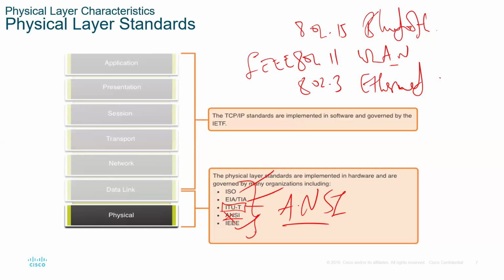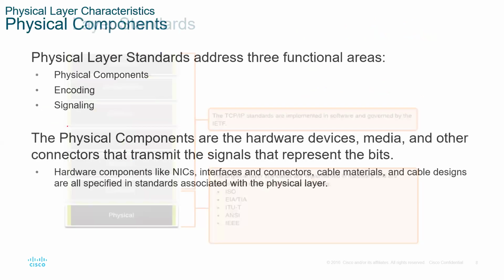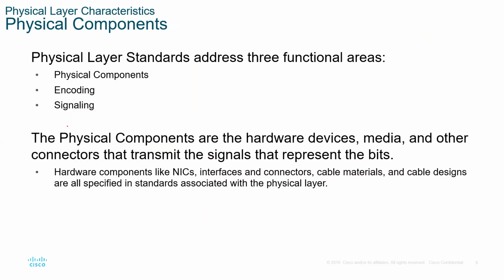So I was saying all these standards, all these organizations, those are the standards that we have in the physical layer. So you will see we have other standards in other layers, but for now we're focusing on the physical layer components. Physical layer standards address three functional areas: the physical components, encoding, and signaling.